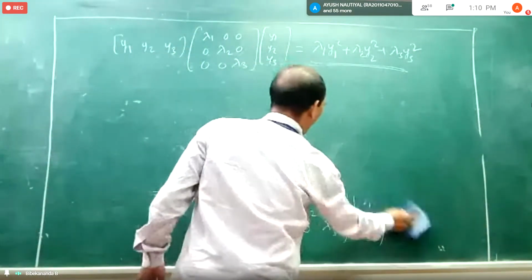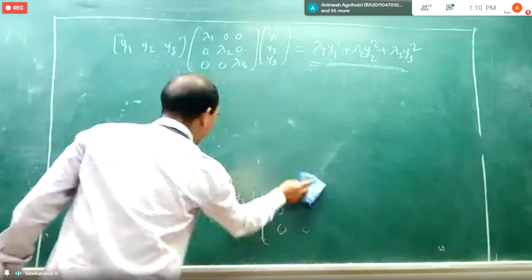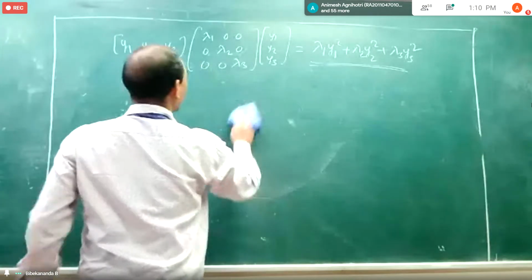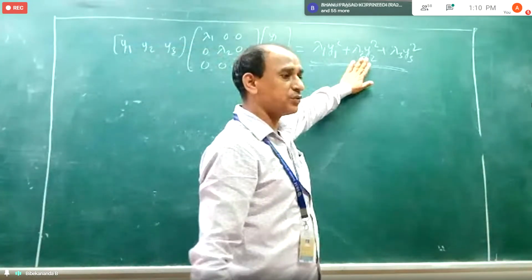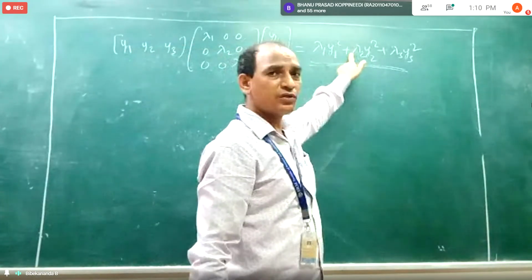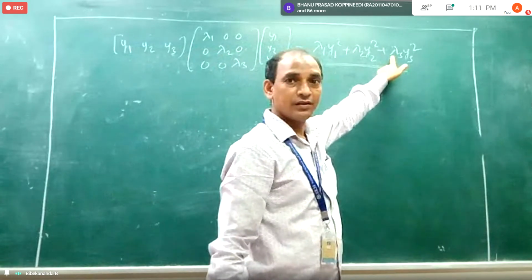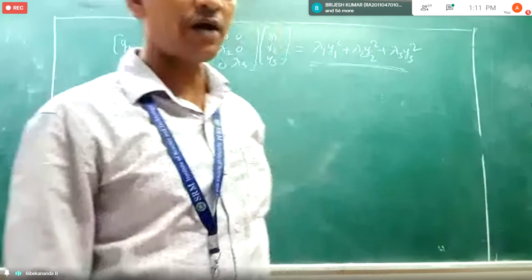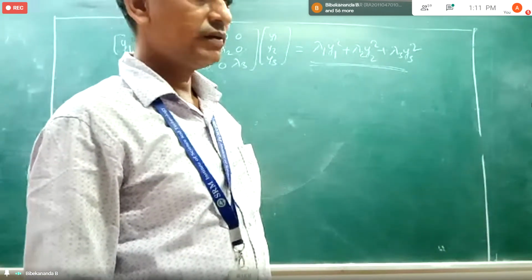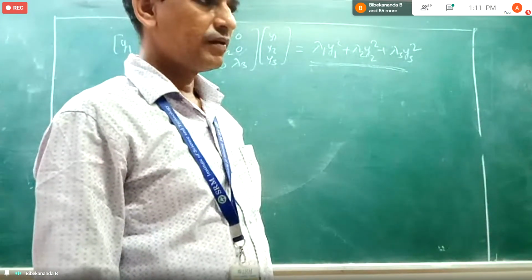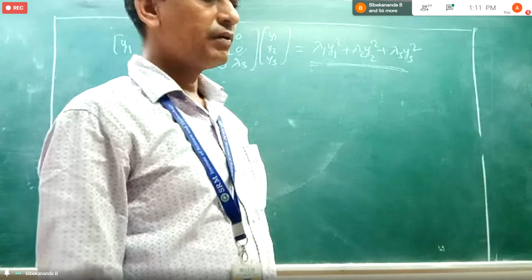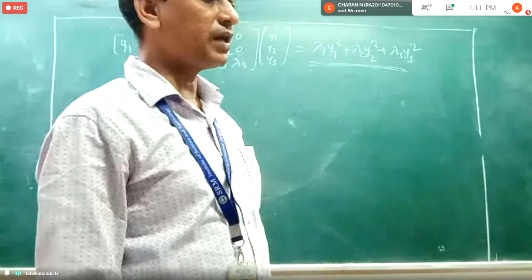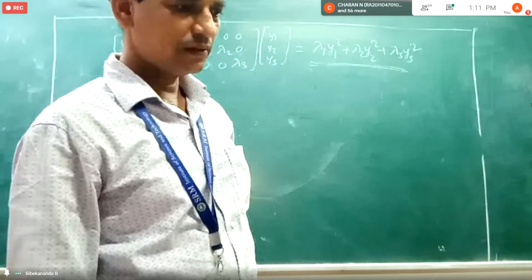So now let us start with index. Remember, canonical form is this one: eigenvalue 1, eigenvalue 2, eigenvalue 3. If you have an n cross n matrix, how many eigenvalues will you have? n eigenvalues, sir. Okay.